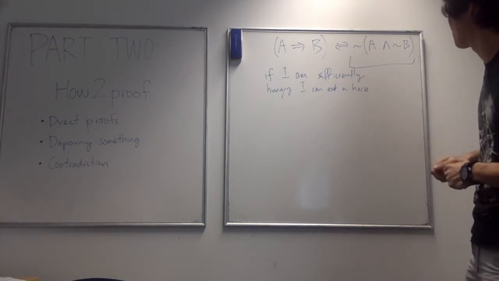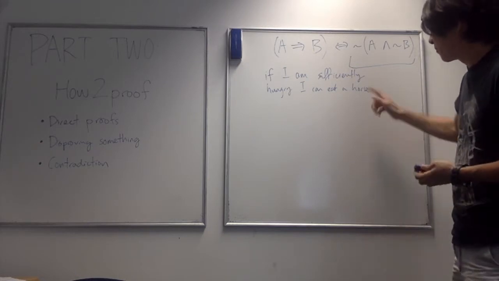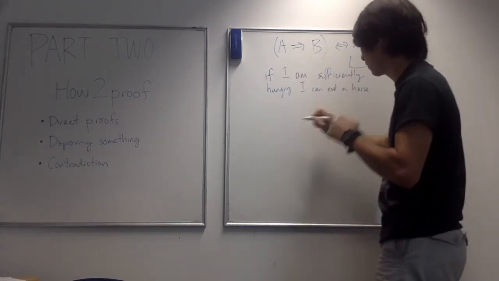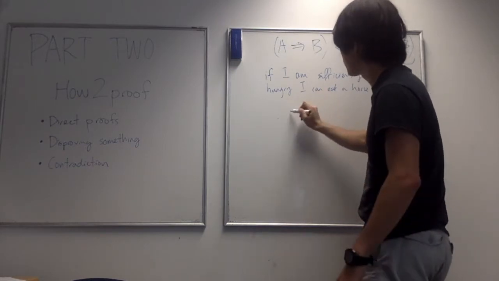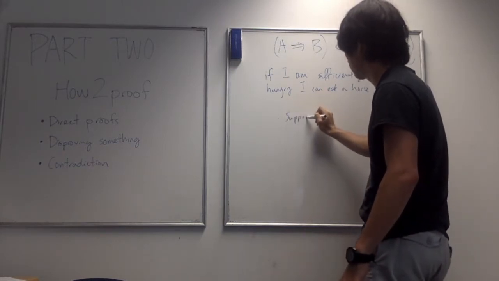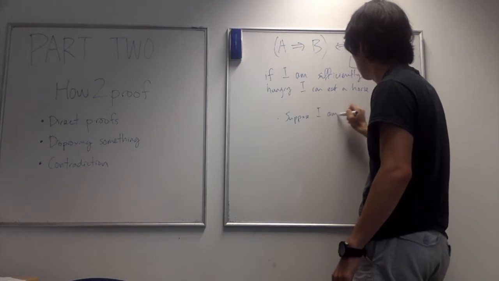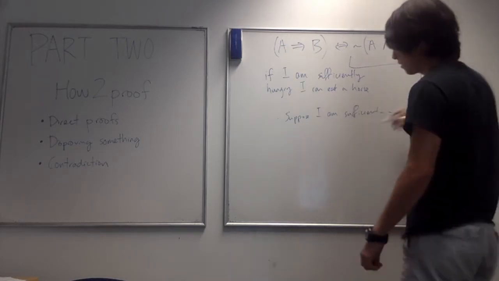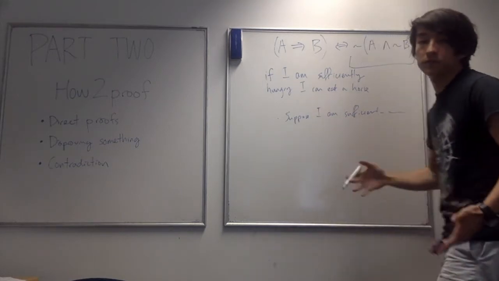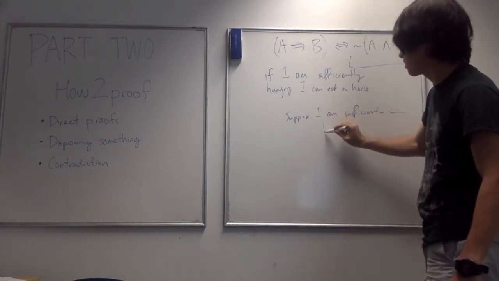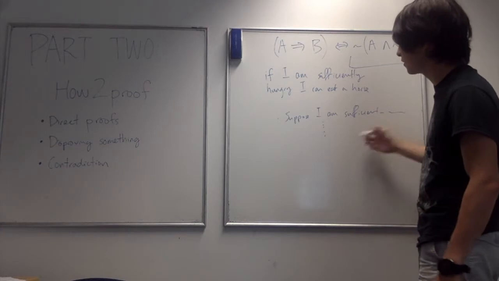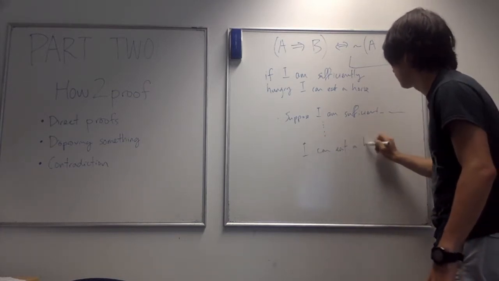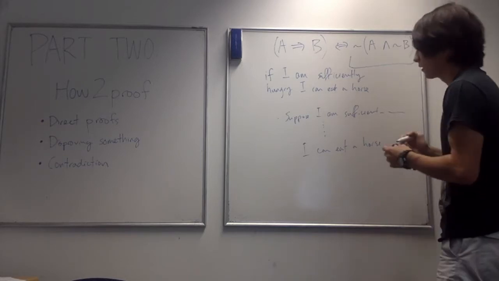So if you wanted to prove this directly, you say, alright, part 1, suppose I am sufficiently hungry. Then you have some sort of logical deduction, and eventually you reach the conclusion that I can eat a horse.